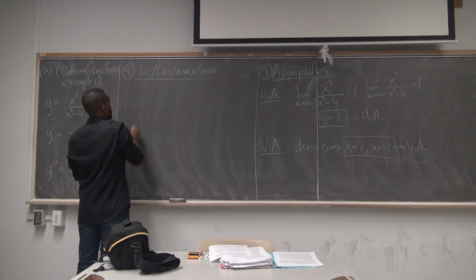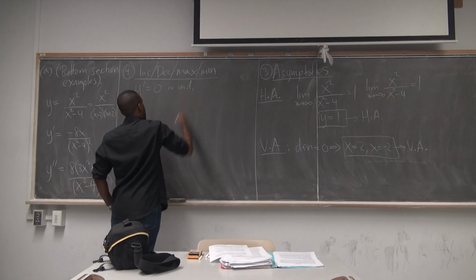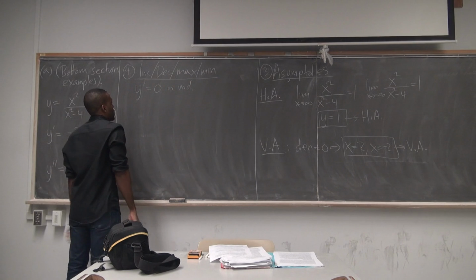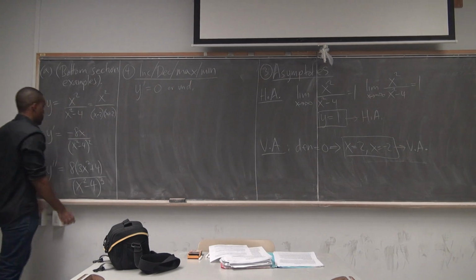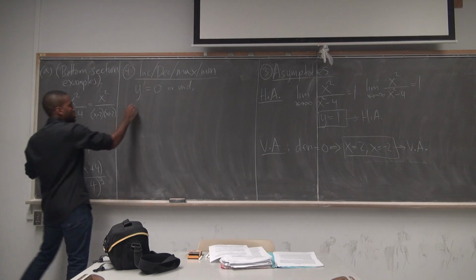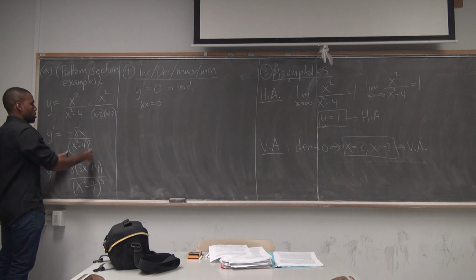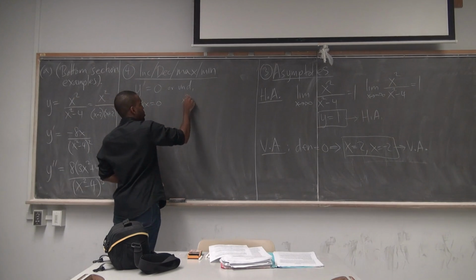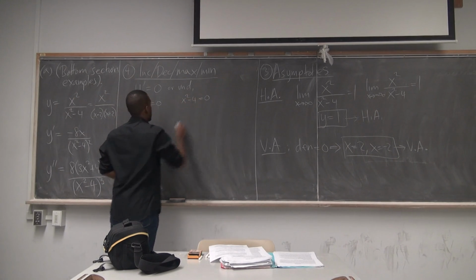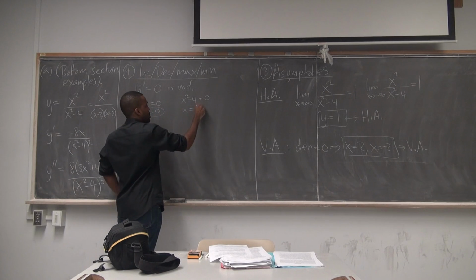So now I'm going to use the derivative, y prime equals 0 or undefined. Remember, it's a fraction. A fraction is equal to 0 when the top is 0, so that's minus 8x equals 0. And it's undefined when the denominator is 0, so x squared minus 4 equals 0. This means x equals 0 or x equals plus or minus 2.